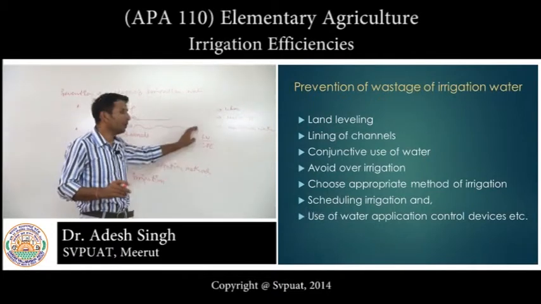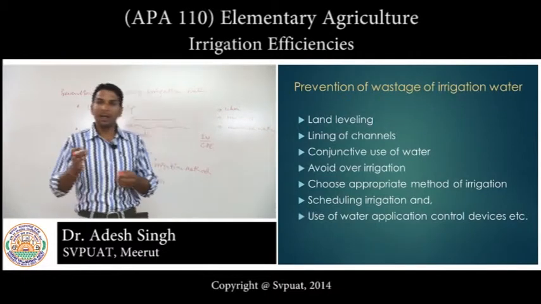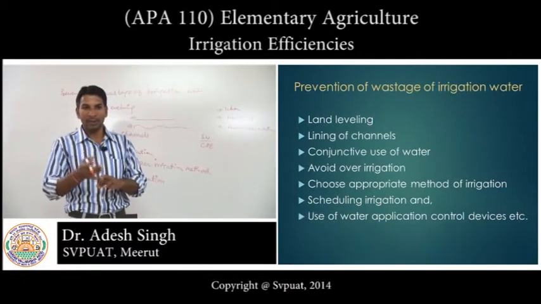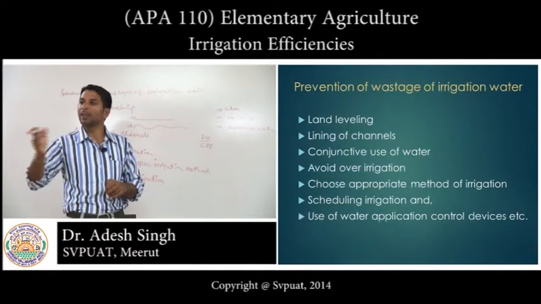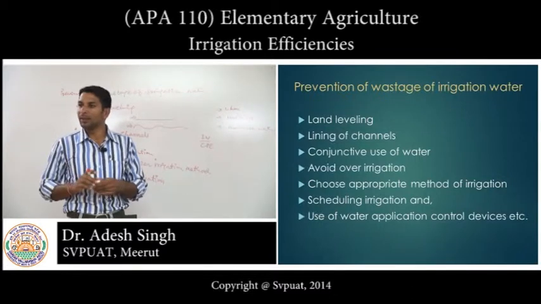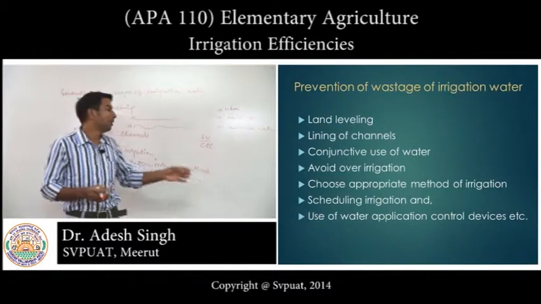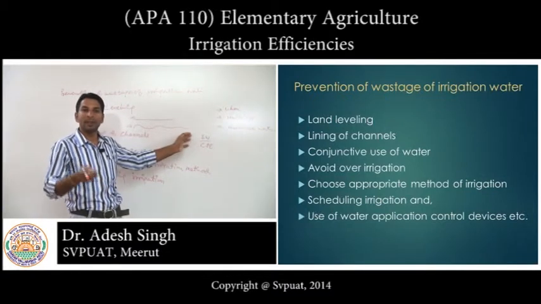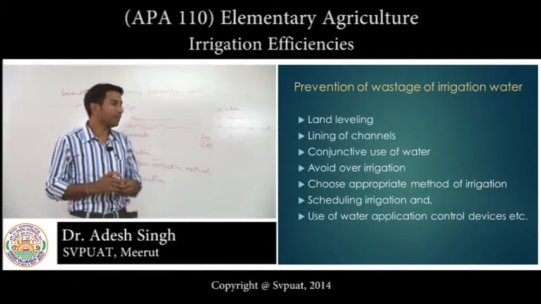But if the ratio is 0.4 or 0.5, say for example in dryland crops, oilseed crops, or pulse crops, in which the water requirement is less, they require less water as compared to the cereal crops, say for example rice, maize, wheat, etc., or sugarcane.